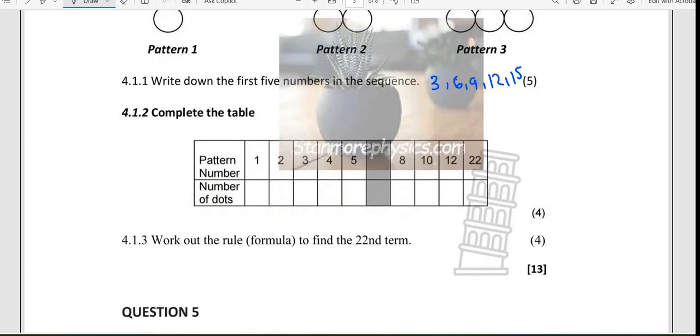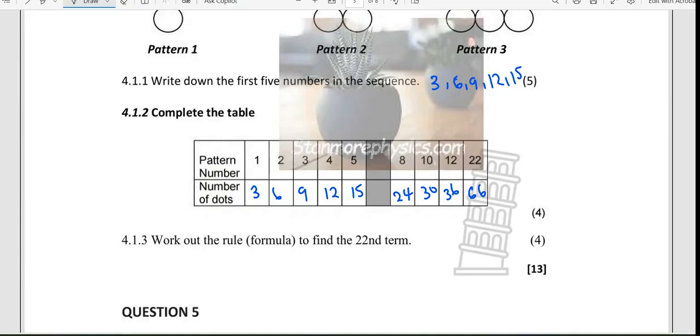Complete the table. Number of dots. In pattern number one, we have 3, 6, 9, 12, 15, and then in number 8 we'll have 24, and number 10 we have 30, in number 12 we have 36, and then in number 22 we have 66, guys.